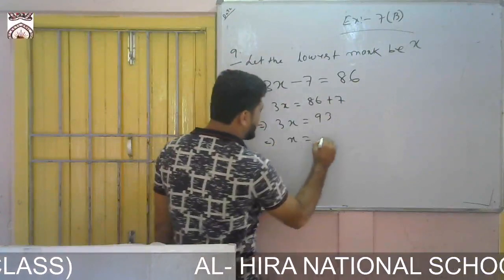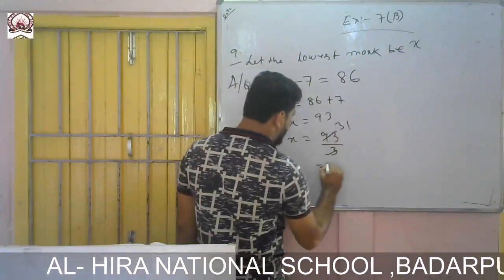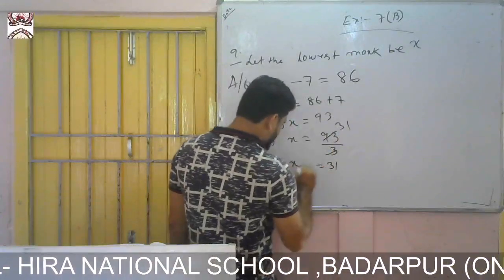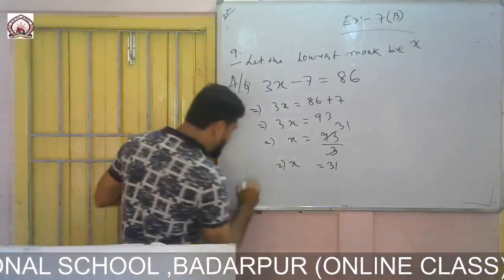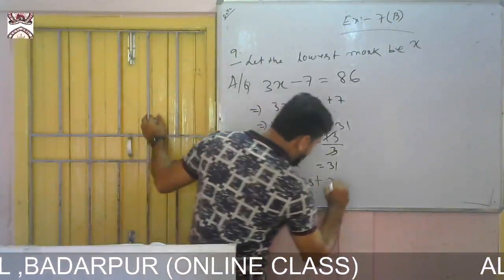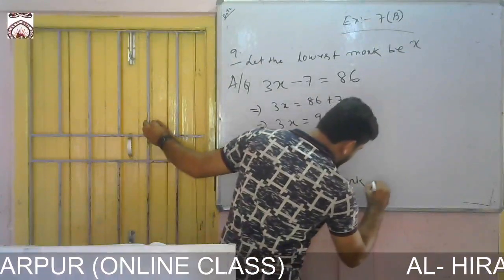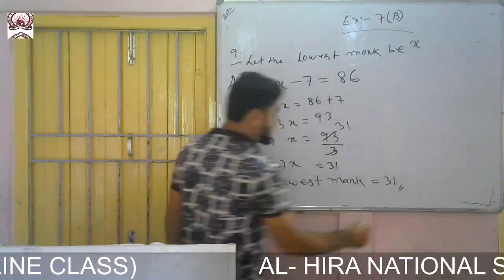So X equals 93 by 3. 3 3s are 9, 3 1s are 3. It is 31. So X equals 31. Therefore the lowest mark equals 31. That is the answer.